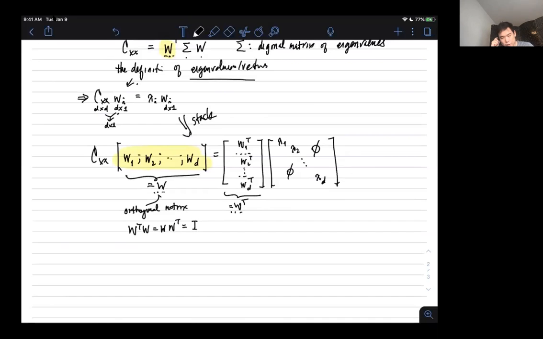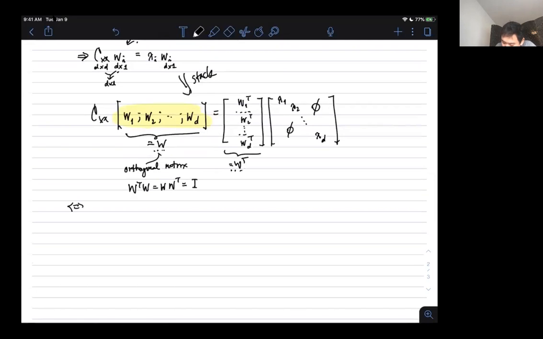This is the amazing property. What it means is that we can now rewrite the above thing as CXX times W equals W transpose times sigma, where I use sigma as a shorthand notation for this diagonal matrix with the eigenvalues, into CXX equals W transpose sigma times W.